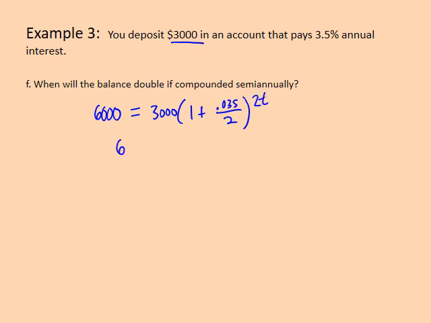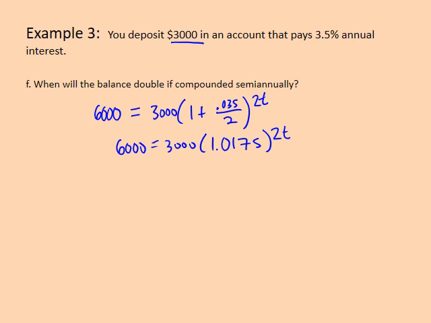Now we've already simplified this equation before, so you might have even skipped the step above and just had 1.0175 all raised to the 2t power.